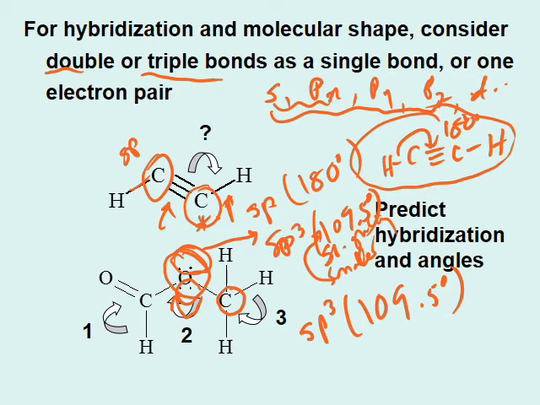Now let's try to get the hybridization and shape around this carbon. We have a double bond here, so it would be counted as a single bond, or one pair of electrons. This would be counted as the second pair. This is the third pair. So we have three pairs, so I must combine three hybrid orbitals: s, px, py. Remember, for each electron pair you need one hybrid orbital.